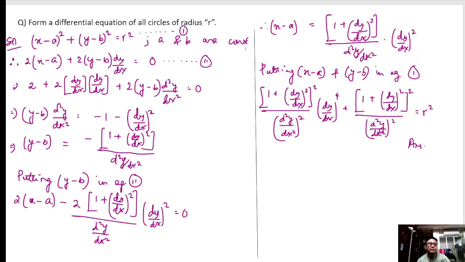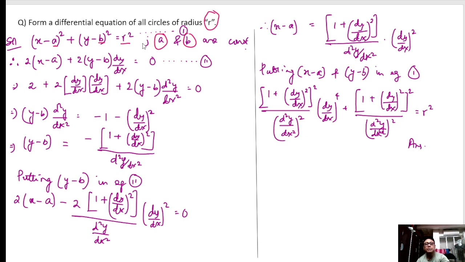Next is, as you can see friends, form a differential equation of all the circles of radius r. That means the circle is passing through a comma b with radius r, so the constants are a and b.